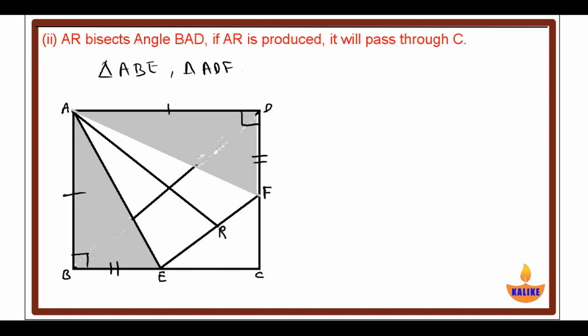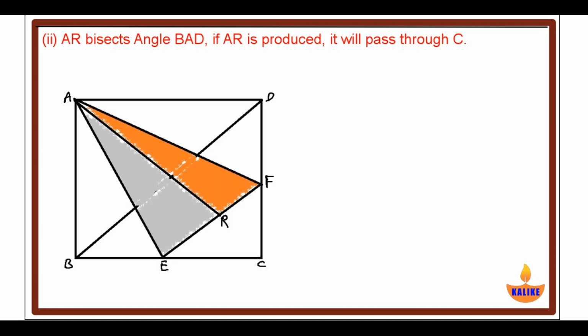Therefore, by SAS rule, these two triangles are congruent, that is triangle ABE is congruent with triangle ADF. So, the corresponding parts will be equal. What are the corresponding parts? The corresponding parts are this angle and this side. This angle will be equal to this angle, that is BAE will be equal to DAF and AE side will be equal to AF side.